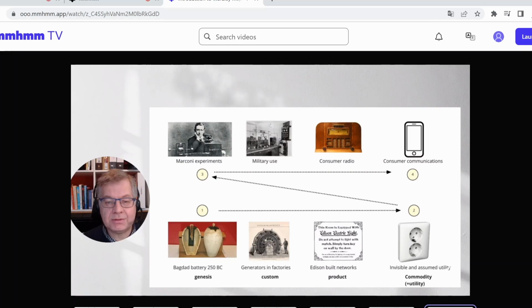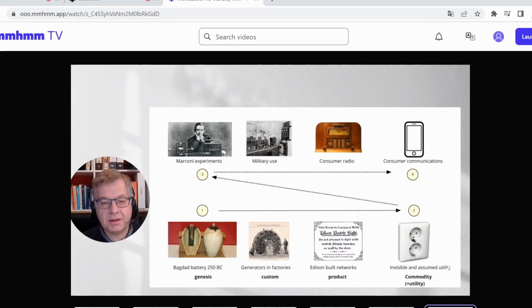The so-called Baghdad battery was invented more than 2,000 years ago and was used to electroplate metal objects with gold. 150 years ago, steam generators were used to create electricity in factories. And then next, in the product stage, Edison started to build electrical grids, and it became a household product. Today, it has become an invisible utility.